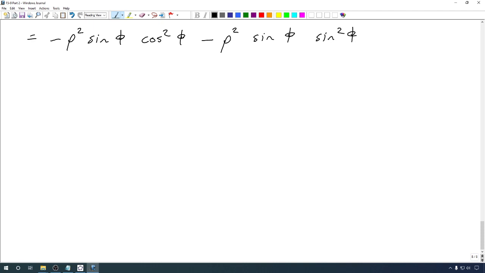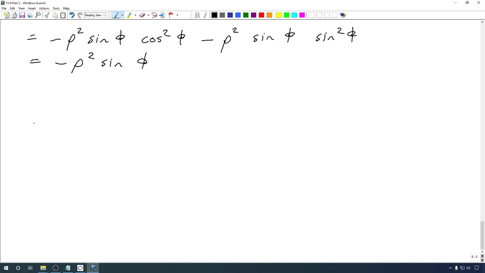The reason I want to do it that way is that now I can recognize that both these two terms that are left have a negative rho squared sine phi in them. I can pull that out, and I'm left with a cosine squared plus a sine squared. And so that becomes a 1. Ultimately, everything comes down to a negative rho squared sine phi.